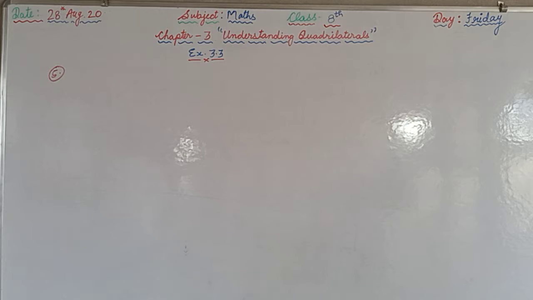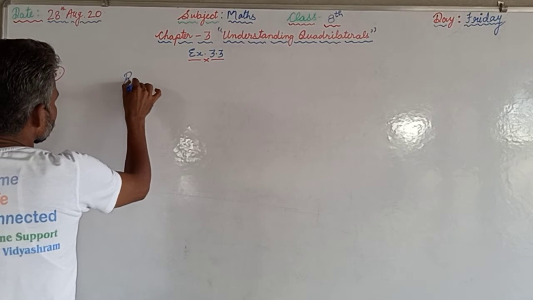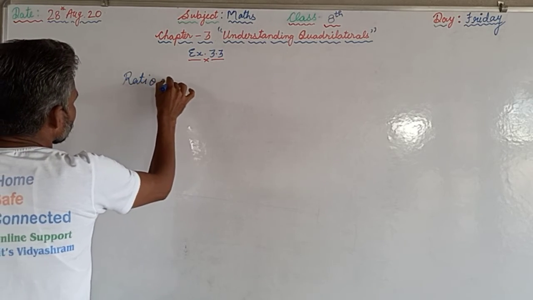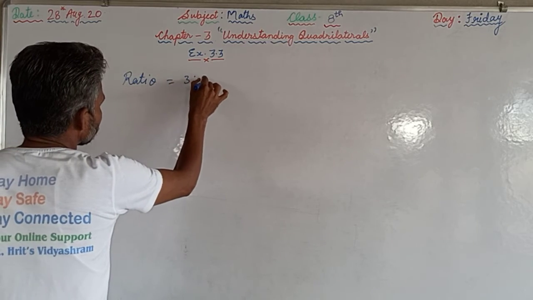Question number 5: the measure of two adjacent angles of a parallelogram is in the ratio 3:2. The ratio is given, 3:2.